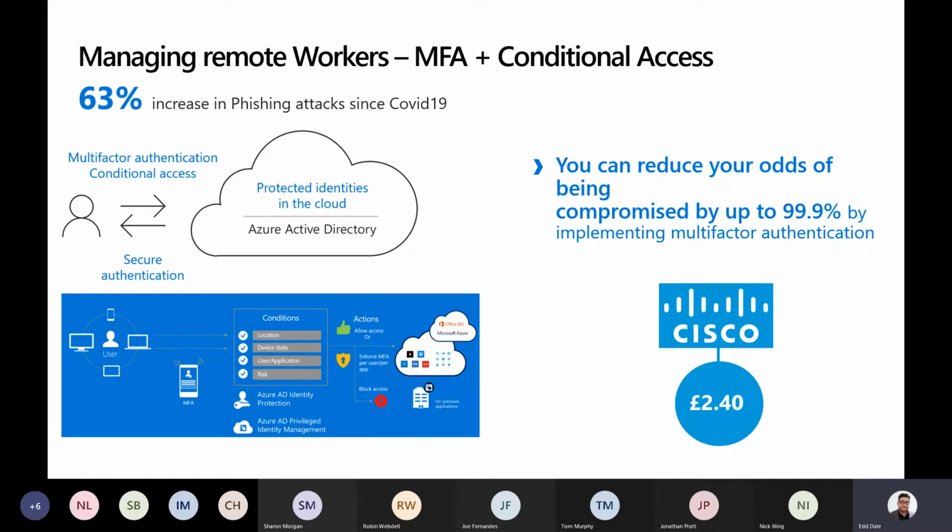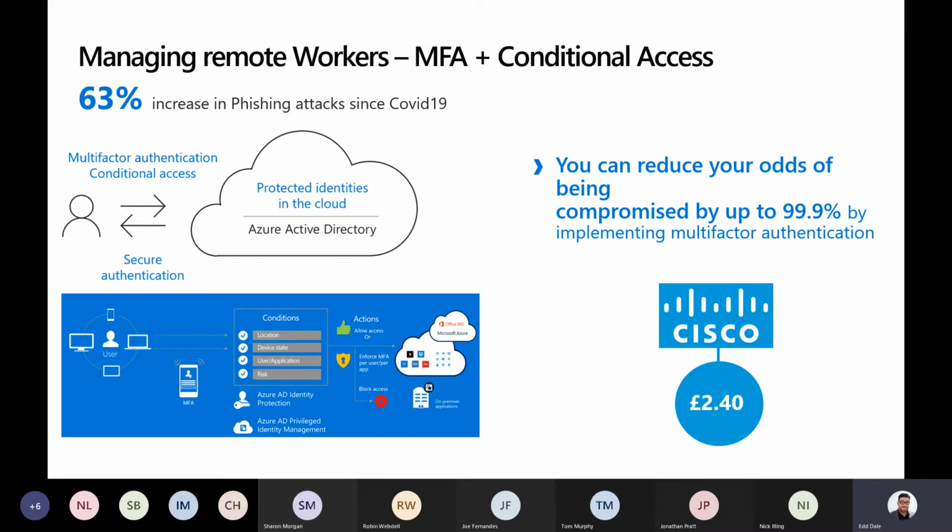Making sure that the right people are getting the right access is absolutely paramount. With a huge upsurge in cyber attacks, we need access to our infrastructure to be as controlled and as strong as it can be. Using things like multi-factor or two-factor authentication is a great way of doing this.